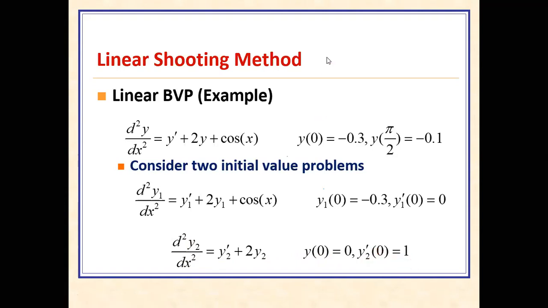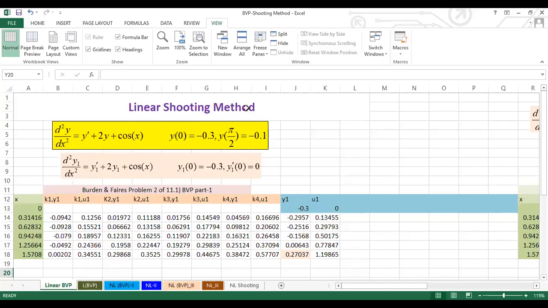Let's move to the Microsoft Excel sheet, where we have the calculations for this two-point boundary value problem, which is of linear type. Okay, so here we are with our demonstration on the linear shooting method.